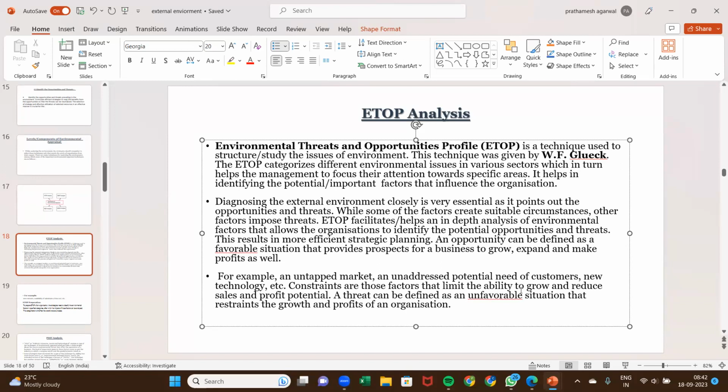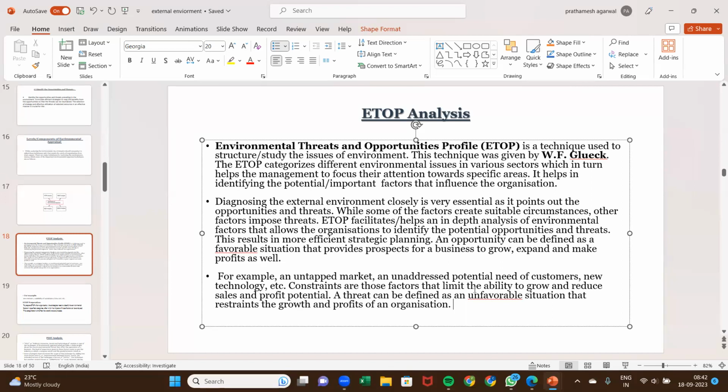A threat can be identified as an unfavorable situation. Unfavorable means which is not good for the organization, that restrains the growth and profits of an organization. So ETOP analysis helps us to study the opportunities and threats simultaneously.